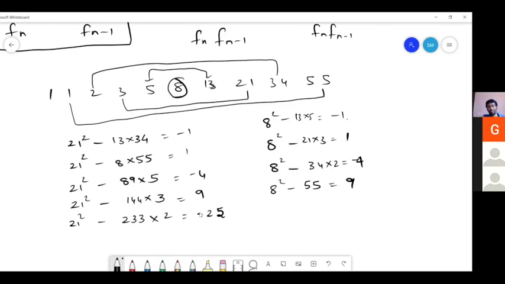Now that we have got this, let us take the next difference. 21 squared minus 377 into 1, the next Fibonacci numbers. Without calculating, what would you expect to get here? Say 36. Okay, fine. But here we did not get 16.